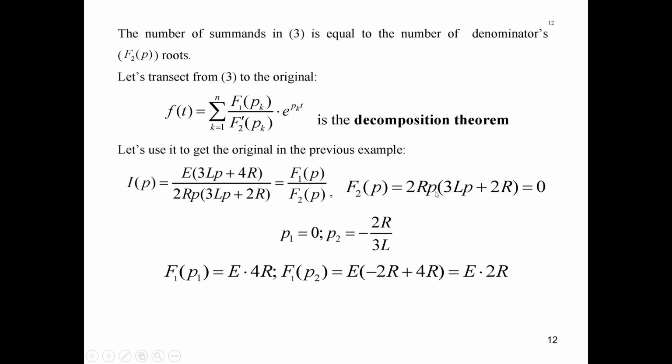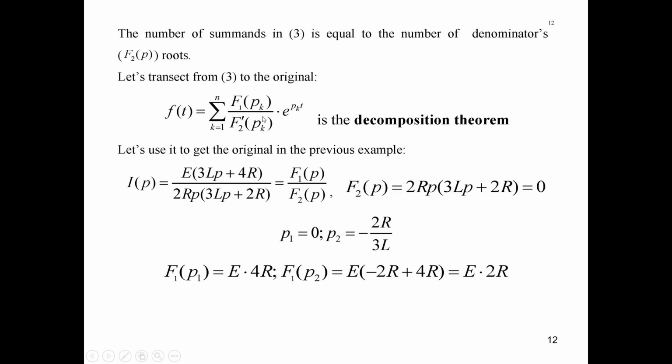As can be seen, the first root is p equal to 0. The second root may be got when we equate this expression in brackets to 0. So from here, the second root p2 equals minus 2r over 3l.